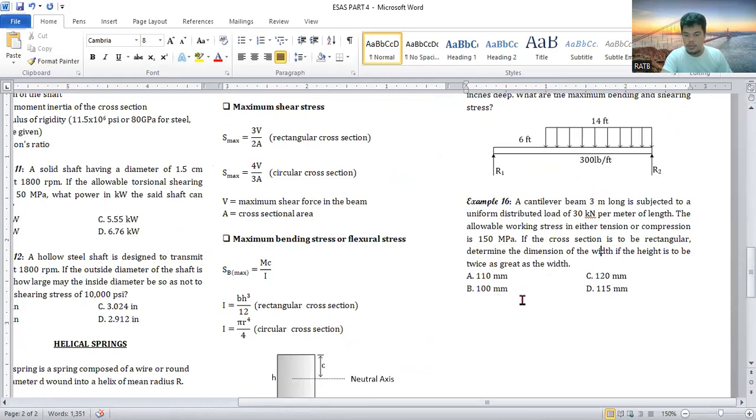So 0.021 is not in the choices. So perhaps we might consider now the maximum bending stress.